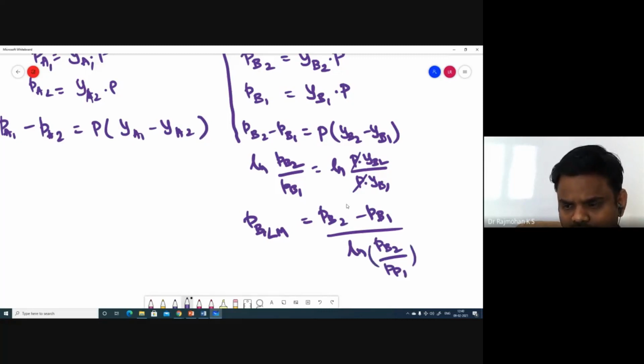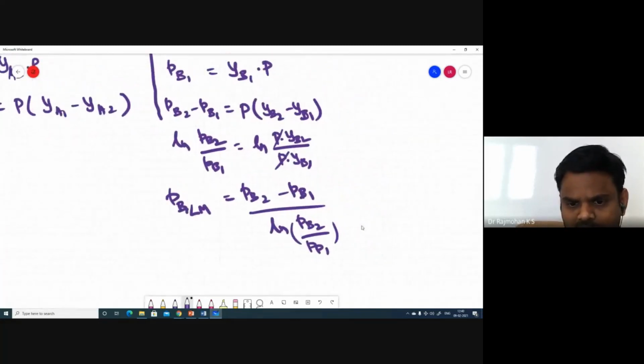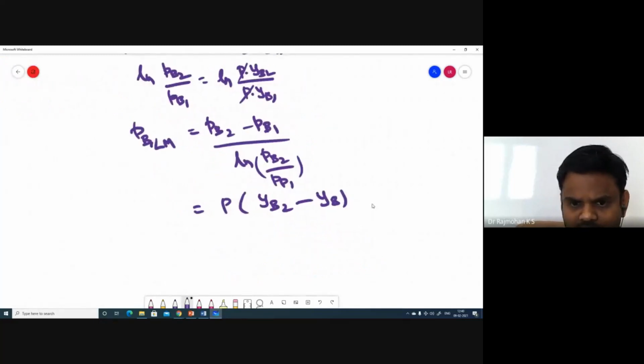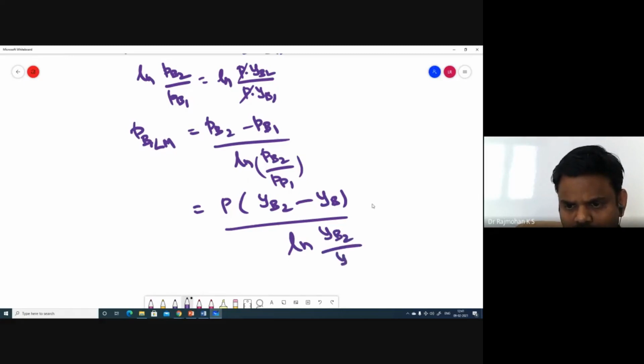So this PB mean has the numerator PB2 minus PB1, which is P into YB2 minus YB1, and the denominator is simply ln PB2 by PB1, which becomes ln YB2 by YB1.